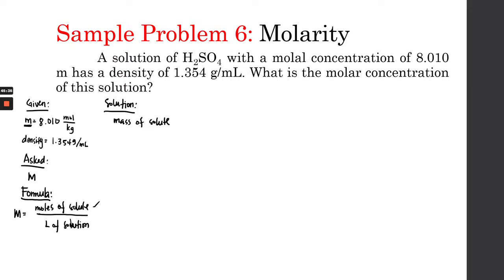So the molal concentration of this solution is 8.10 moles per kilogram. Correct? This is kilogram of solvent. Remember that? This is for solvent. Let's remind ourselves what is the molecular mass. The molecular mass of H2SO4 is equal to 98.08 grams per mole.